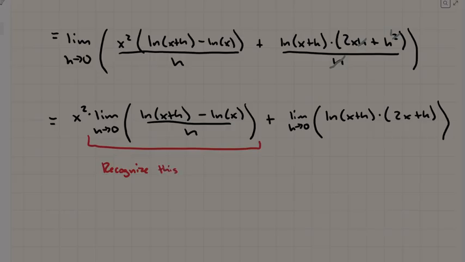Recognize that this is the derivative of ln of x, right? Ln of (x + h) minus ln of x divided by h. That's the limit definition of the derivative for ln of x, right? We already proved the derivative of ln of x is 1 over x.